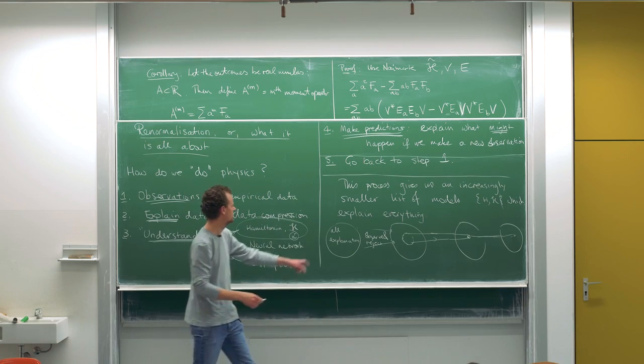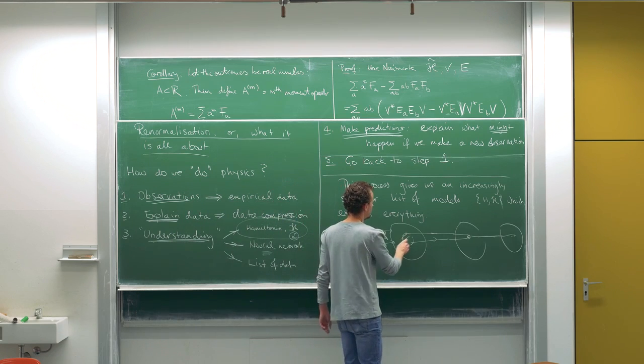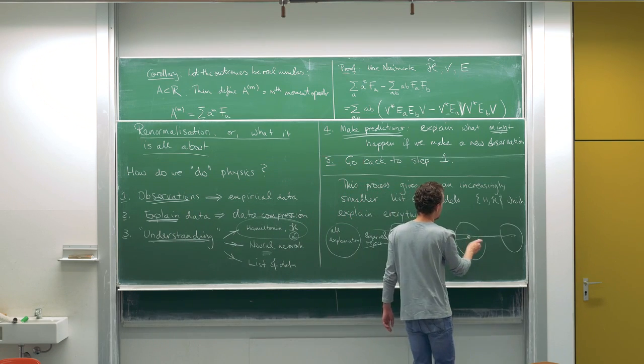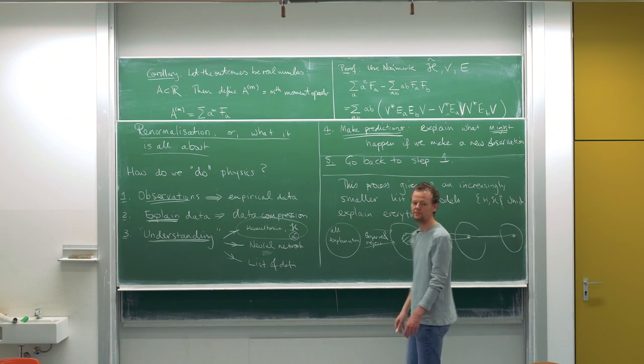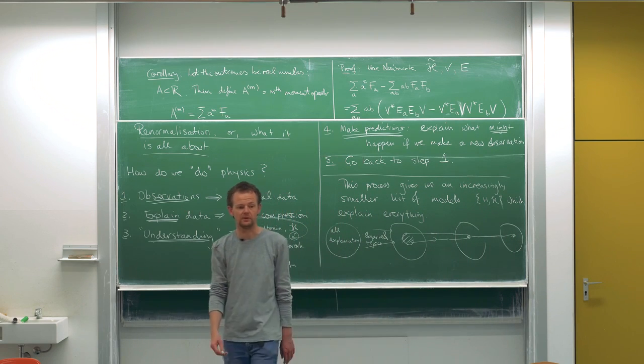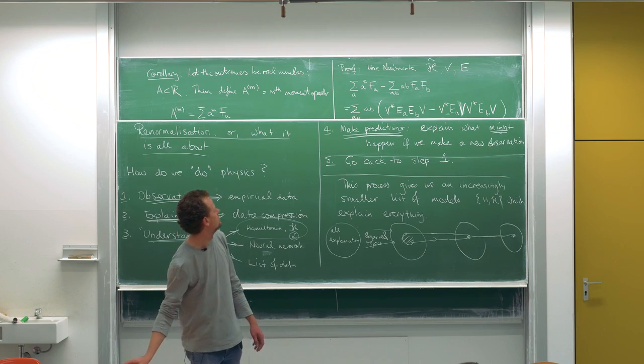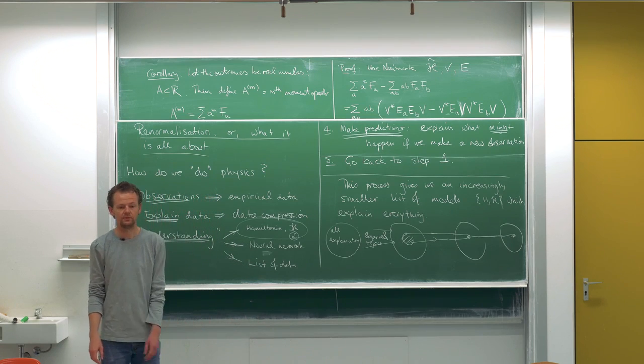So in the space of all explanations, we focus on, as we make better and better observations, we're left with fewer and fewer explanations that are consistent with everything that we've seen. That's the process of doing physics.